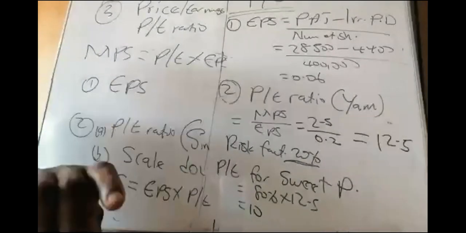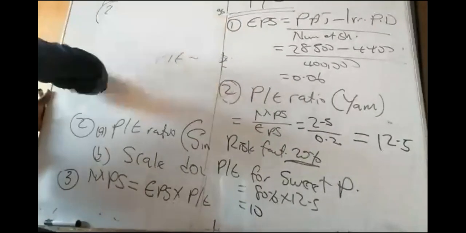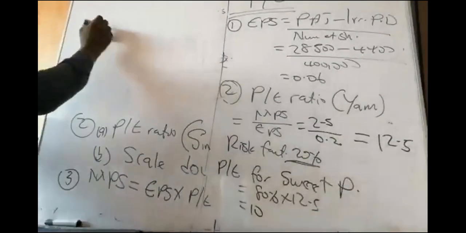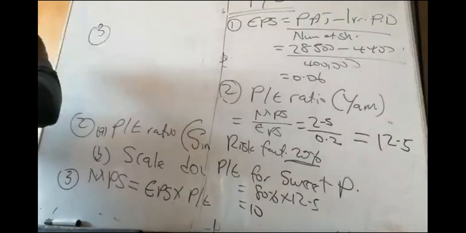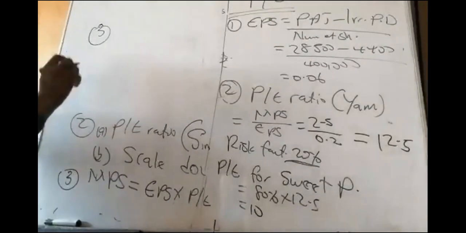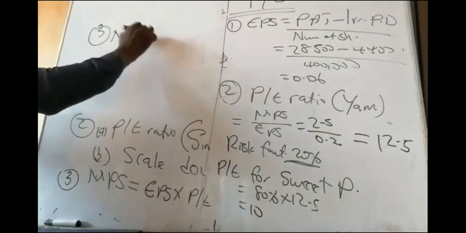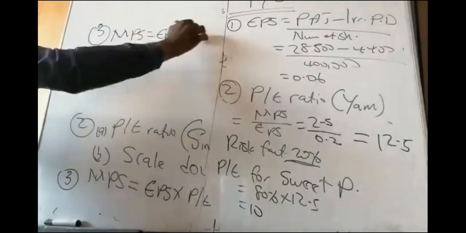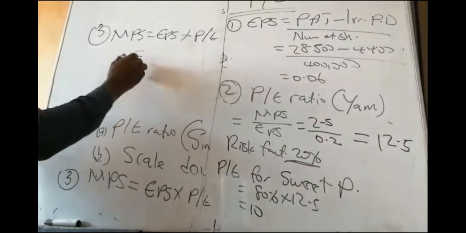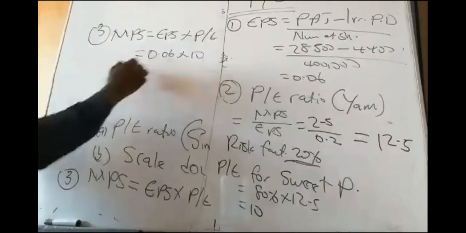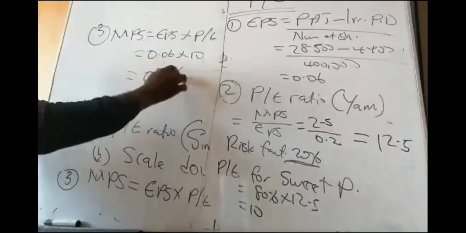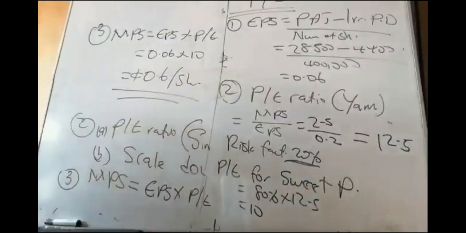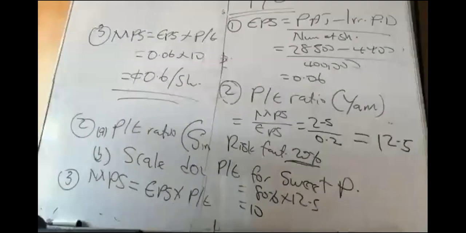The market price per share will be equal to the earnings per share that is calculated times the PE ratio, which is earnings per share of 0.06 times 10, and that gives us 0.6 per share. That's the final answer.